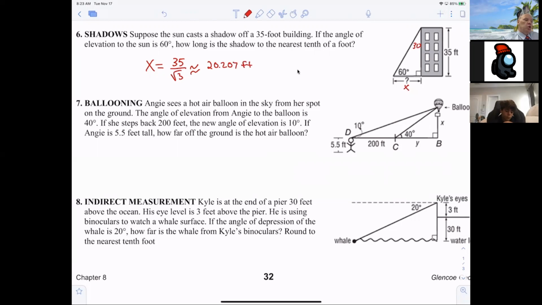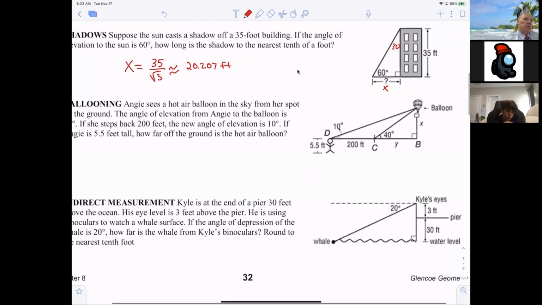All right, now we're going to do trig, just to double check and verify. So what trig function could be involved here? Tangent of what angle? Tangent of 60 is equal to 35 over X. Does anybody have any issues with that?